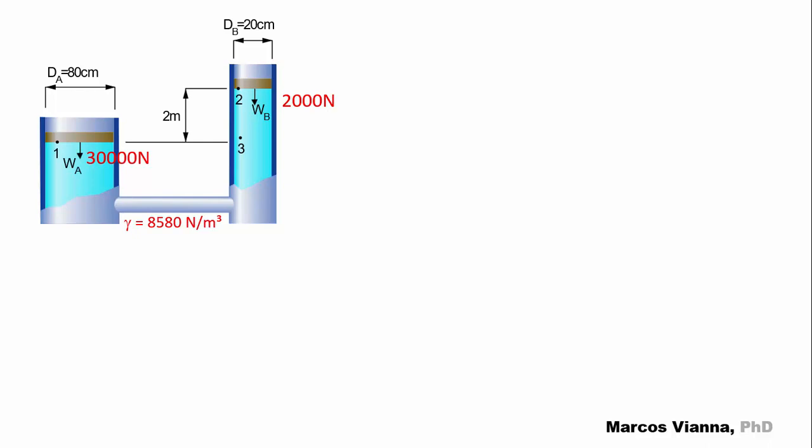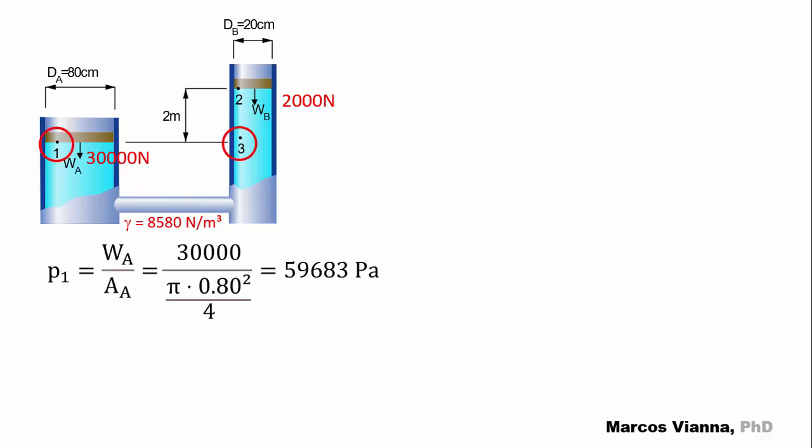First of all, we'll see if it's in equilibrium. The pressures at points 1 and 3 are P1 equals WA over AA equals 30,000 over pi times 0.8 squared over 4 equals 59,683 pascals.